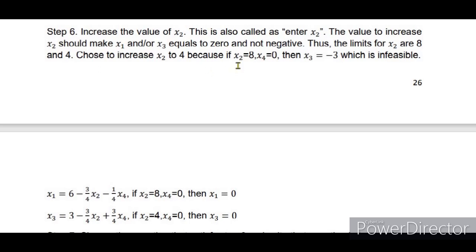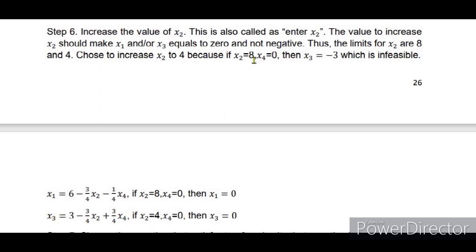Because if x sub 2 is equal to 8, then x sub 4 is equal to 0, then x sub 3 is equal to negative 3, which is infeasible. We got that by substituting x sub 2 equal to 8 and x sub 4 equal to 0 in the equation we got in step number 4.